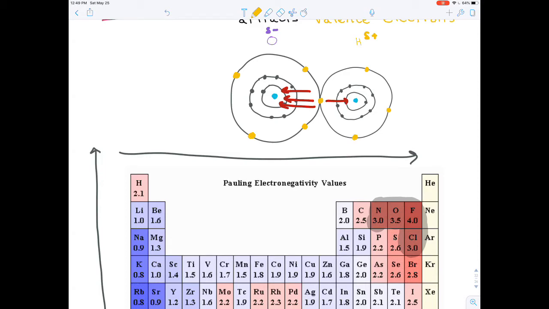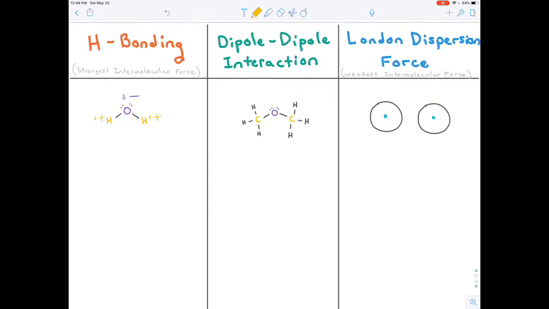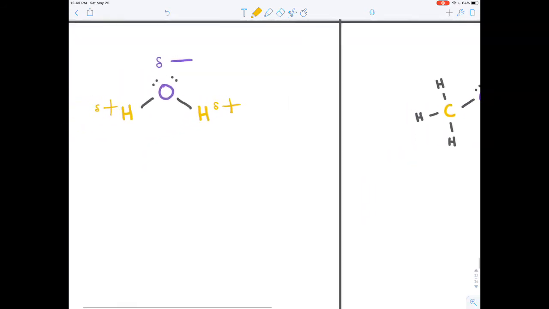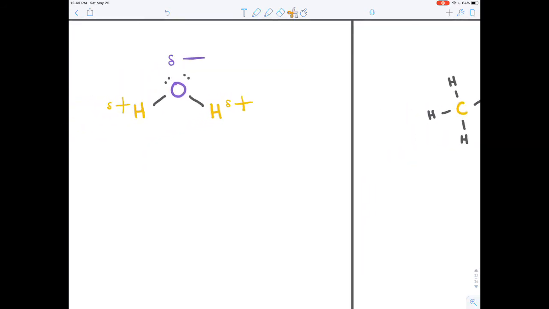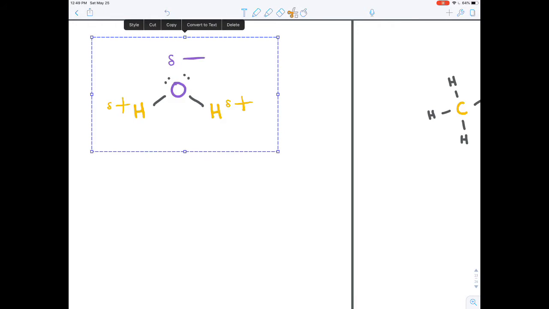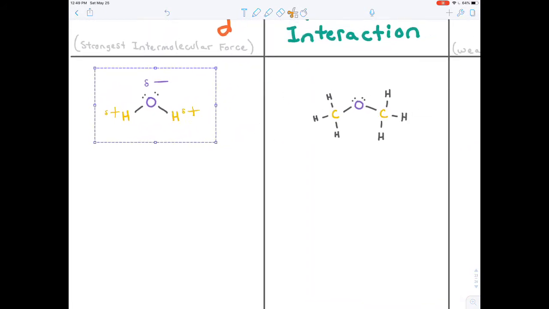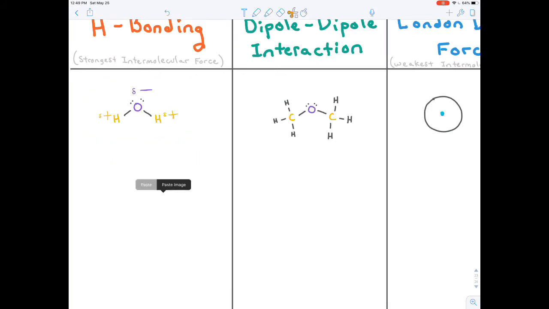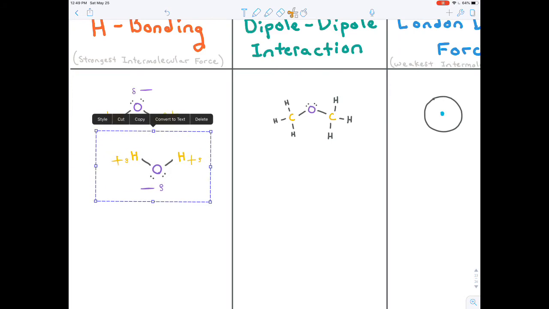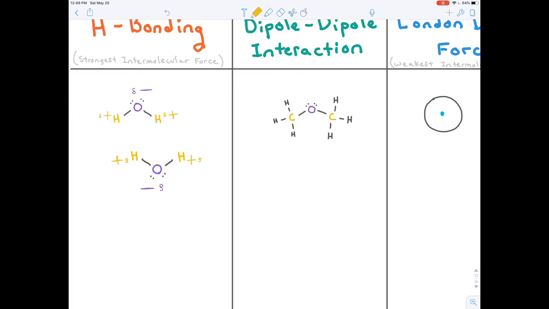Okay. So then we can go back down here, and that's how you get those partial charges on this water molecule. So that ends up creating that stickiness in that molecule. When you get two of the water molecules together, you can see how the slight positive charge on the hydrogen will be attracted to the slight negative charge on the oxygen.